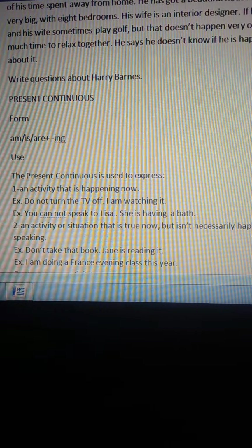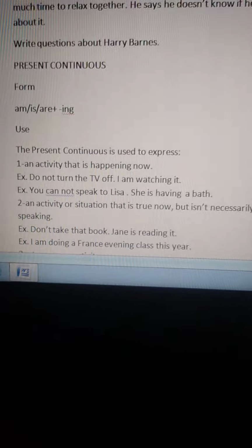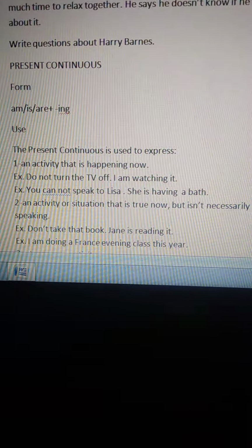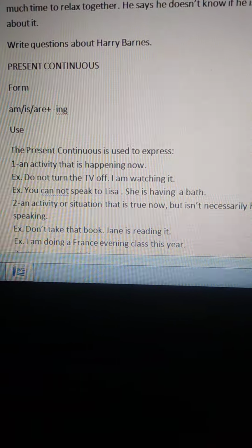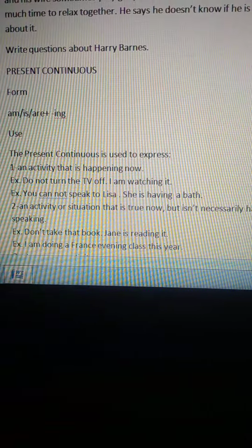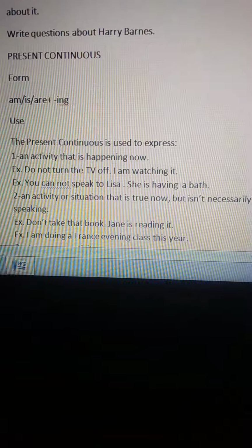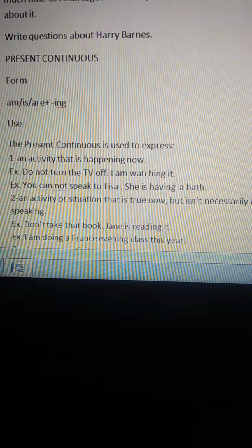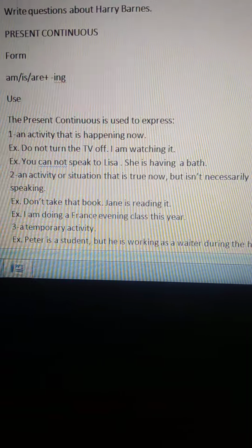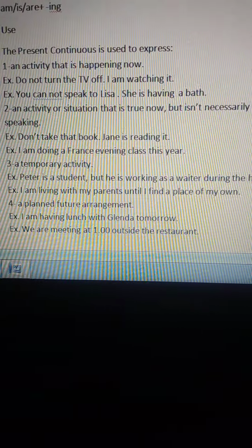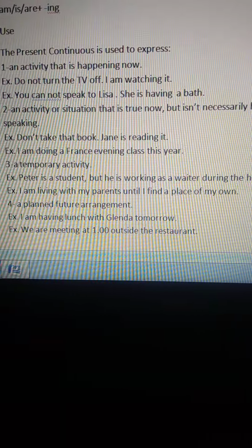It is the verb to be plus ing. Use. The present continuous is used to express number one, an activity that is happening now.